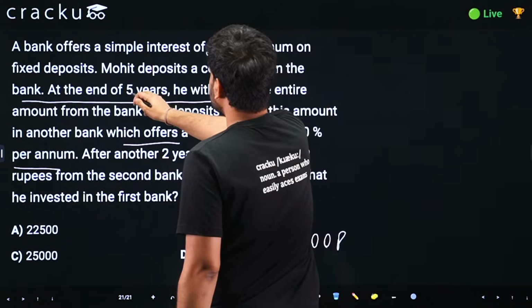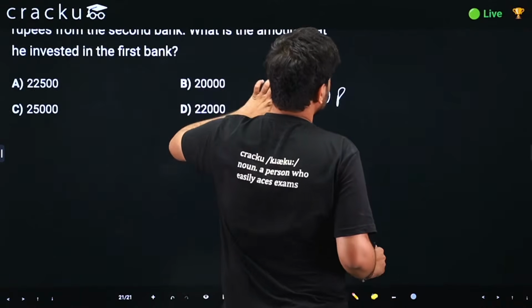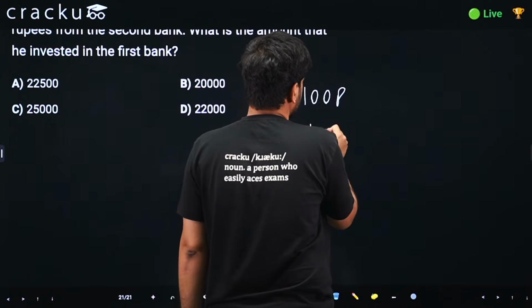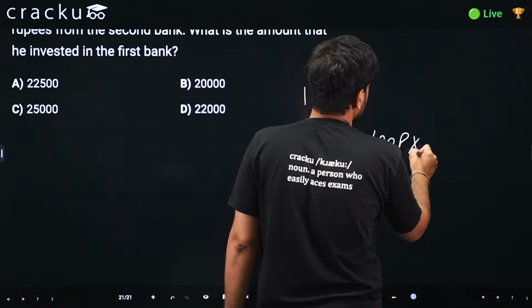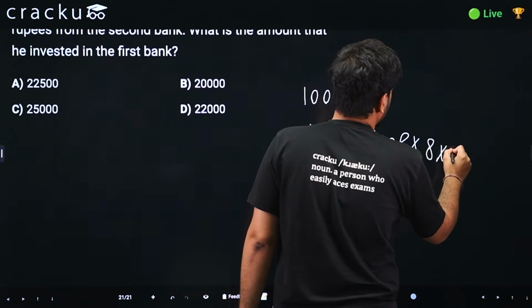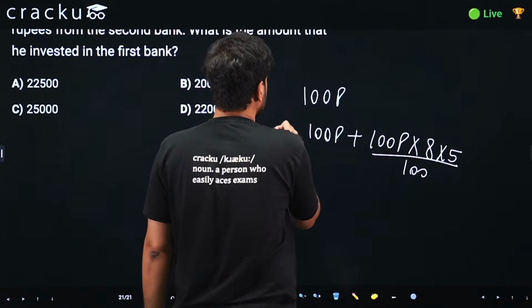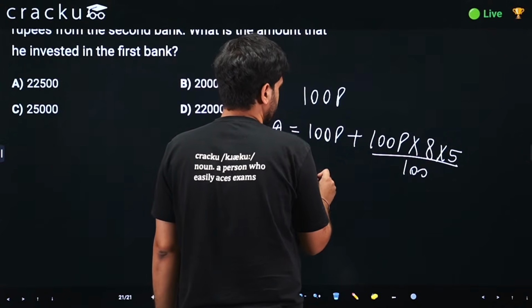Now we are given at the end of 5 years he withdraws the amount. So at the end of 5 years, what would be the total amount? It would be 100p plus 100p into 8 into 5 by 100. This is the total amount after 5 years. This would come out as 140p.